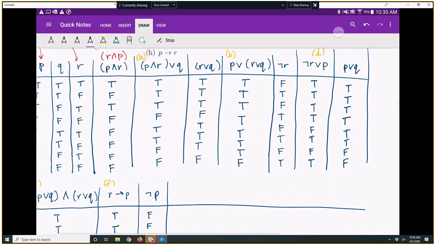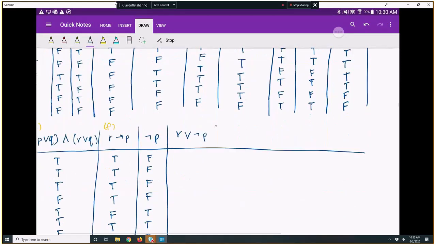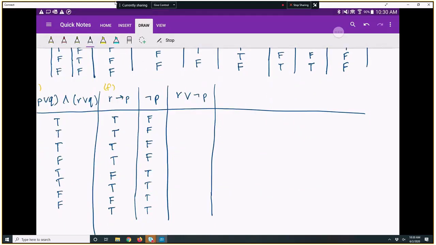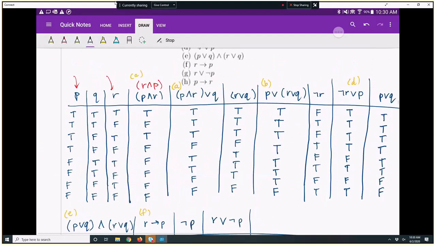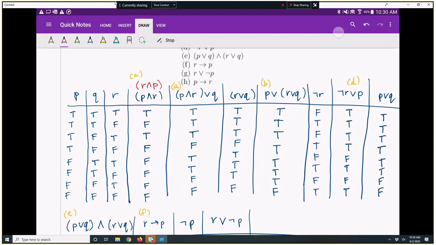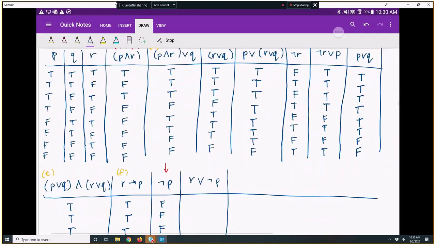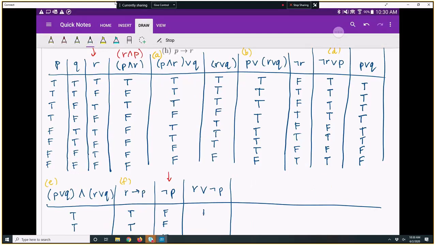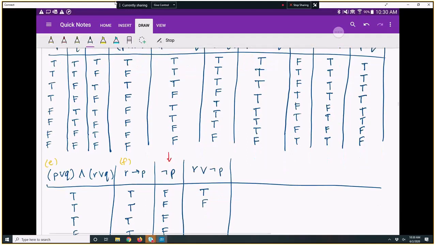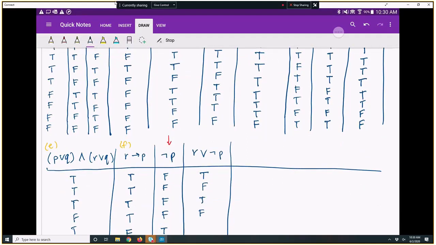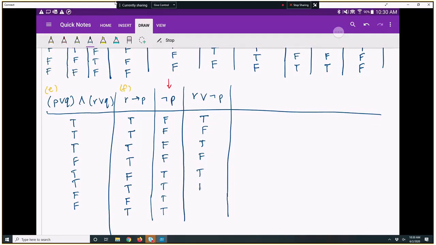Then I want to do R or not P. So then I'm looking at R or not P. So I'm going to have first true, then false, then true, then false, then true, true, true, true.